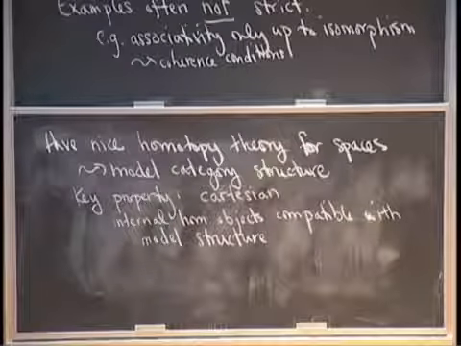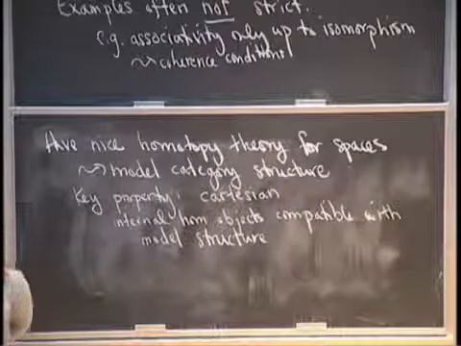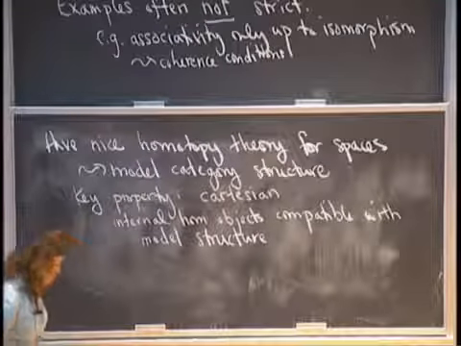OK, so this suggests we have a pretty good handle on infinity zero categories. So how do we proceed?